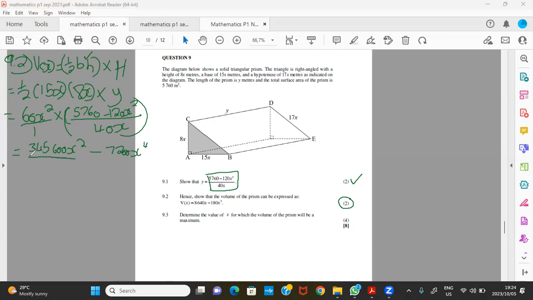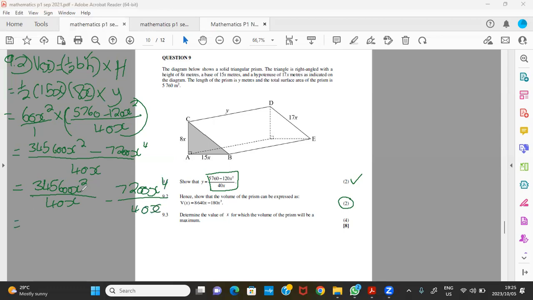Then we are going to divide it by 40x. We can just divide both terms by 40x. So we can say 345,600 x squared over 40x minus 7,200 x to the power 4 over 40x.